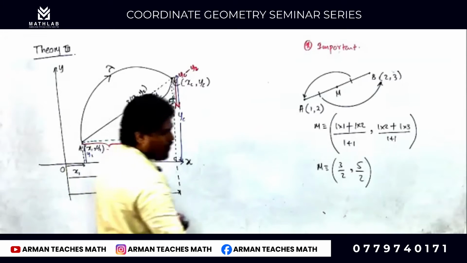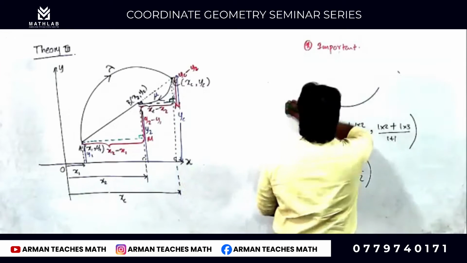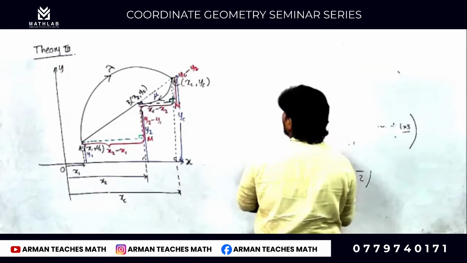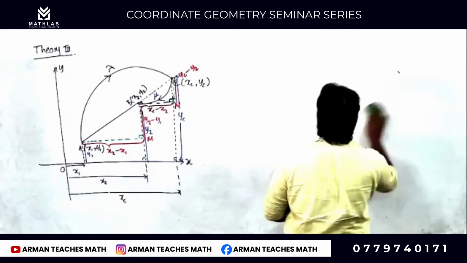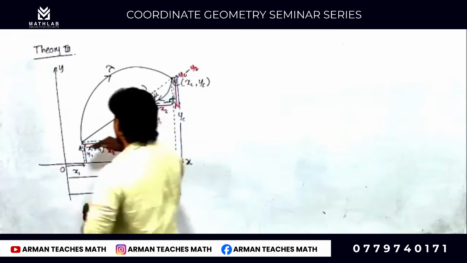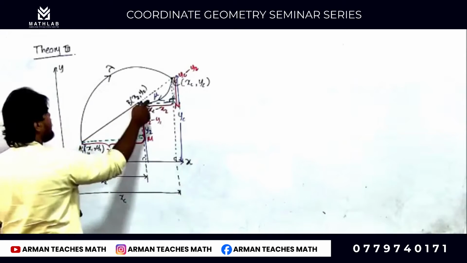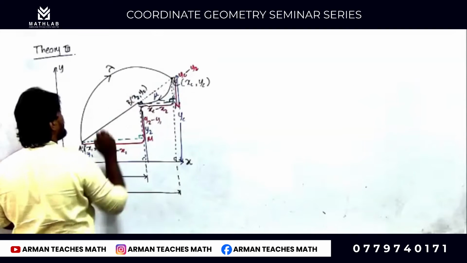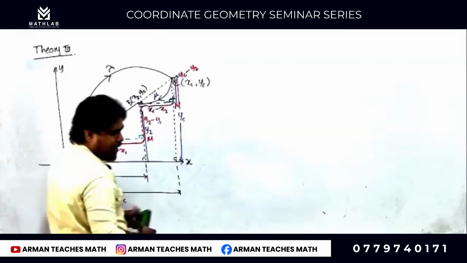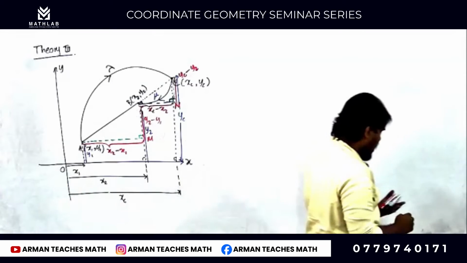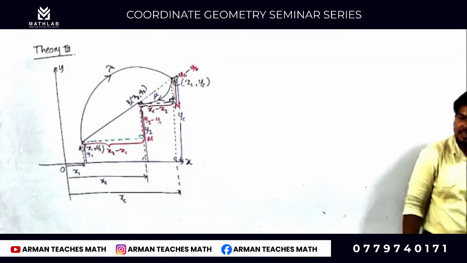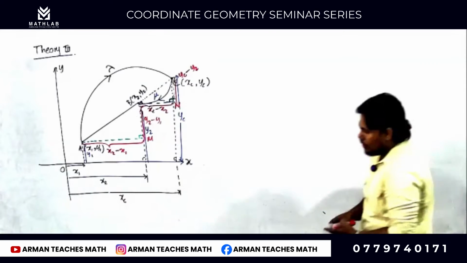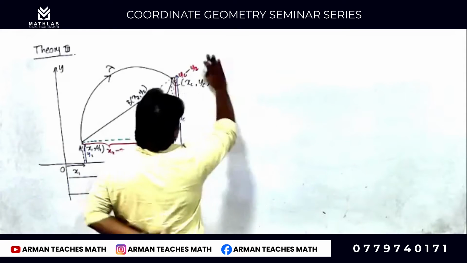Right. Now we can see, same as the previous one, AMB and BNC triangles are equiangular, no? Why? These are two parallel lines, alternate angles are equal, 90 degrees, 90 degrees. These two triangles are equiangular. We know equiangular triangles have corresponding sides proportional. So we can write like this.